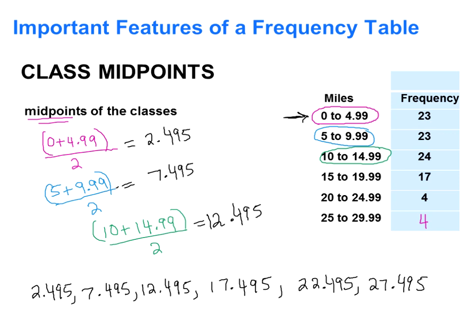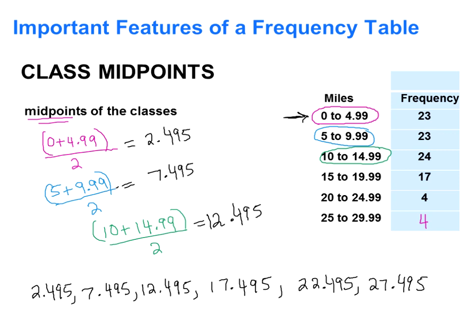All right, so I have 6 classes, so I need 6 class midpoints, so I can stop. Now, the class midpoints, that's another way of labeling your horizontal axis on a histogram. You have the option of using your class midpoints instead.